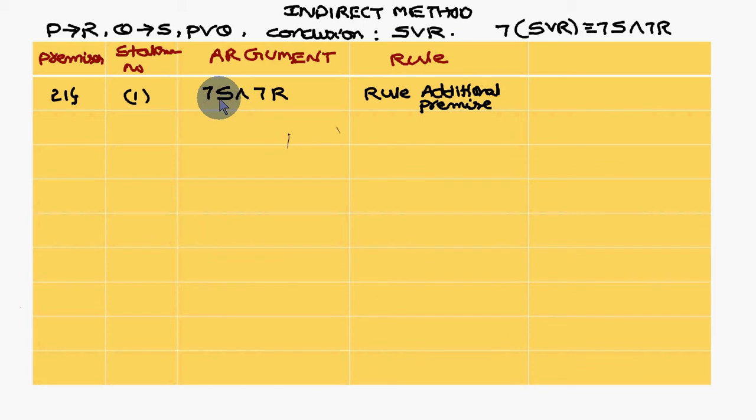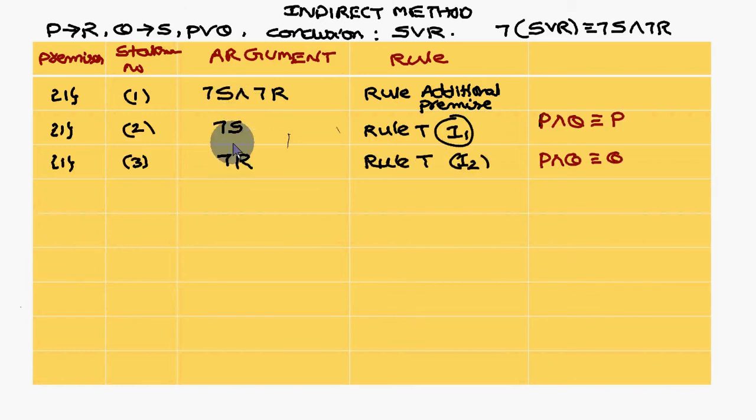If you come across P and Q, according to the rules I1 and I2, you can write P and you can write Q. That means not S, and similarly not R. You can divide these two like this, not S and not R. So you have derived them, that's why it is rule T. The implication I1 says P and Q gives P, and P and Q gives Q. This is the implication I2.